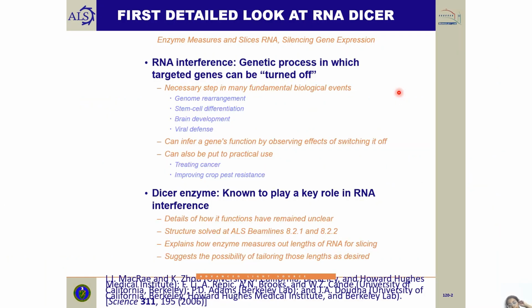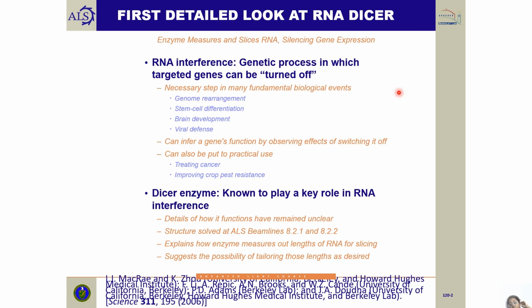So RNA interference is a genetic process in which targeted genes can be turned off. It is a necessary step in many fundamental biological events like genome rearrangement, stem cell differentiation, brain development, viral defense, etc. One can infer a gene's function by observing the effects of switching it off.